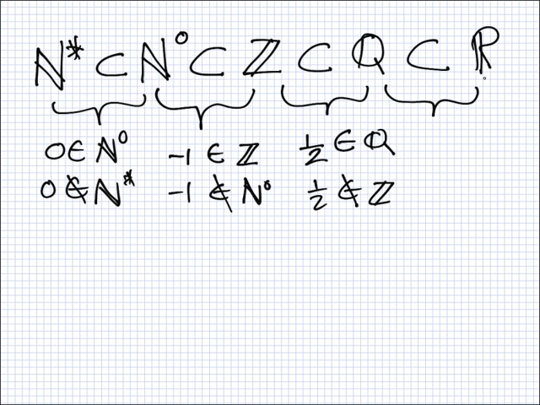If the rationals are a proper subset of the reals, that must mean there's a number which is a real number but is not a rational number. Pi is fine, and not infinity. Pi is a real number, but pi is not a rational number. Okay? And just to be clear, infinity is not a member of any of these sets.